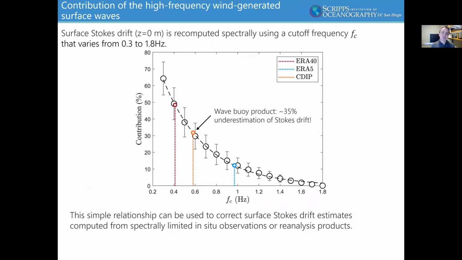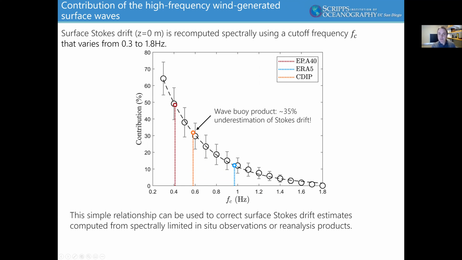Another way to look at this is, again, taking those observations and all those spectra, and recomputing the Stokes drift over a limited range of frequencies, using a cutoff frequency that I vary from 0.3 to 1.8 Hertz. 1.8 Hertz is roughly what I can resolve with the airborne data.